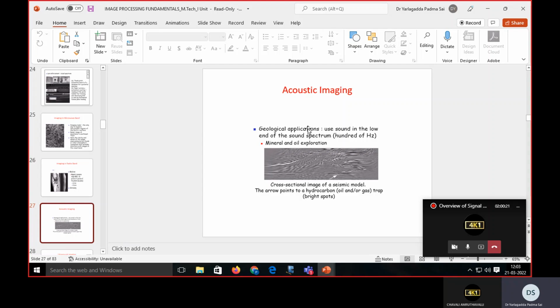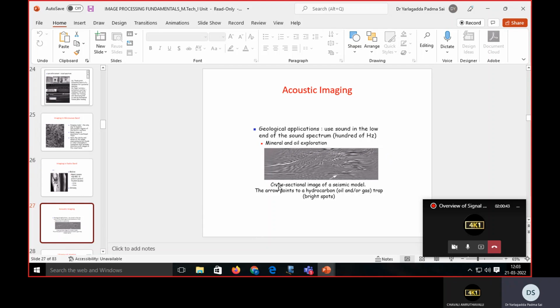Acoustic imaging is mainly used, for example, if you want to dig a well. When I was young, they used to do it manually. Now there is NGRI, available at Tarnak, which will tell whether water is available at that place or not.